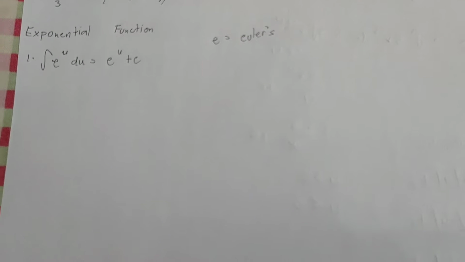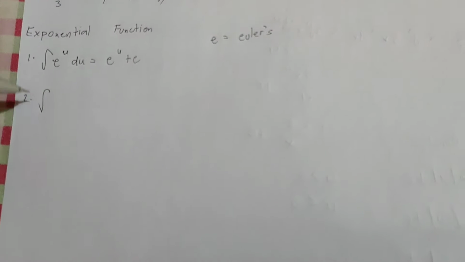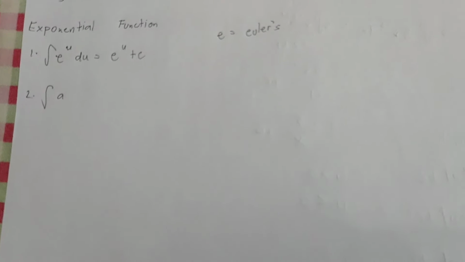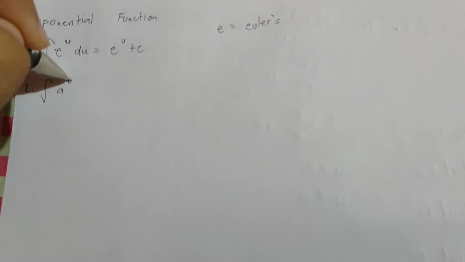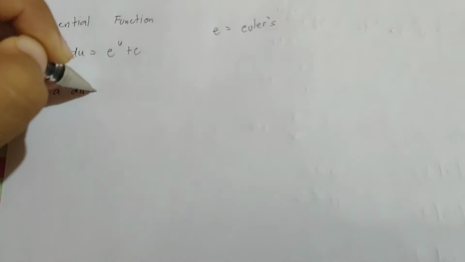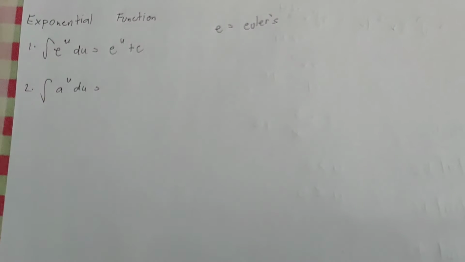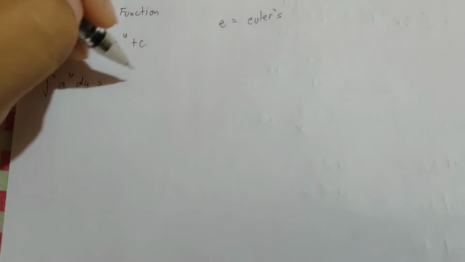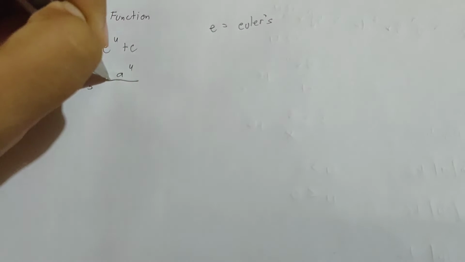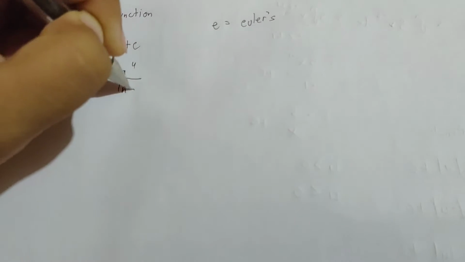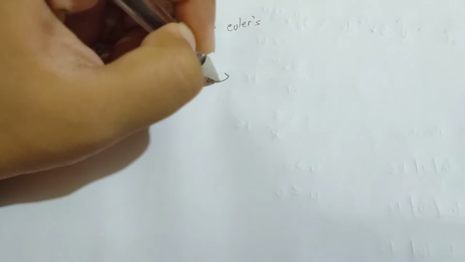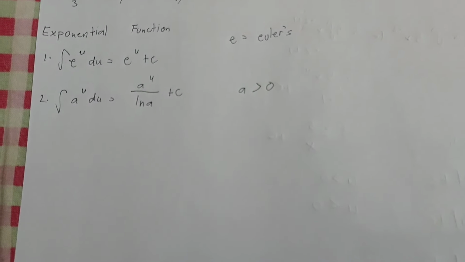The answer is simply e to the u plus c. The second is if a, which is our constant, raised to u du, the answer is a to the u all over ln a plus c, if our a is greater than 0.